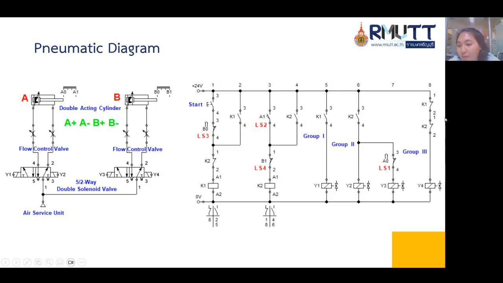And the last, for group 3, is to activate solenoid Y4. Solenoid Y1 is activated by K1, solenoid Y2 by K2, solenoid Y3 by A0, and solenoid Y4 by the normally closed K1 and K2.